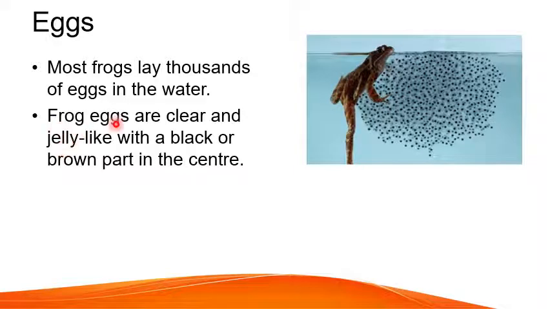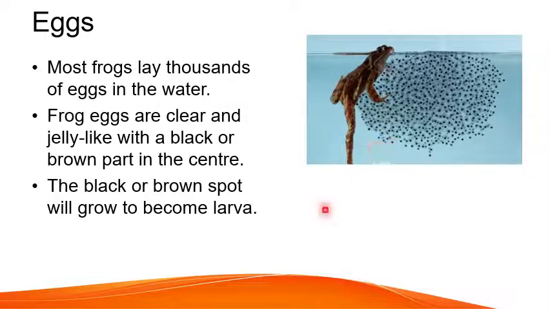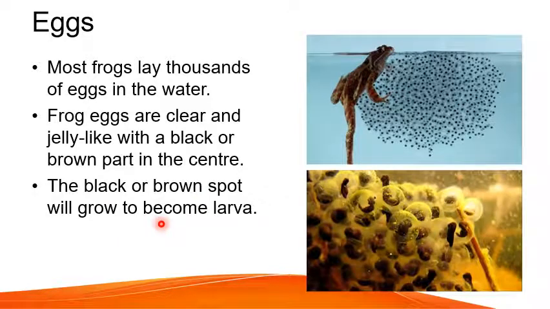Frog eggs are clear, so you can see inside the eggs. They are jelly-like with a black or brown part in the center. So it's black but surrounded with jelly. The black or brown spot will grow to become the larva. Here is a closer view.